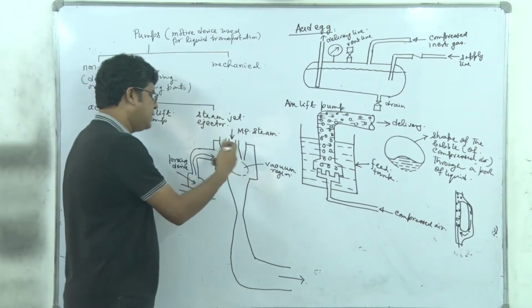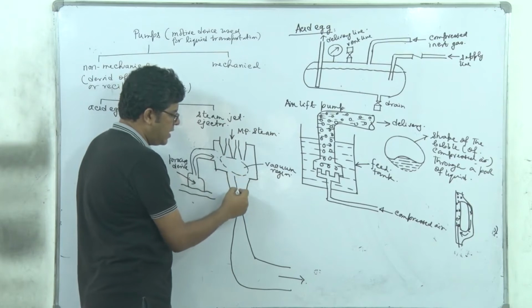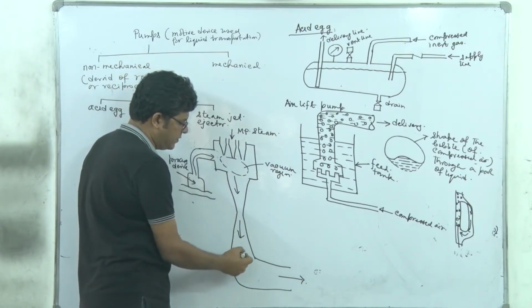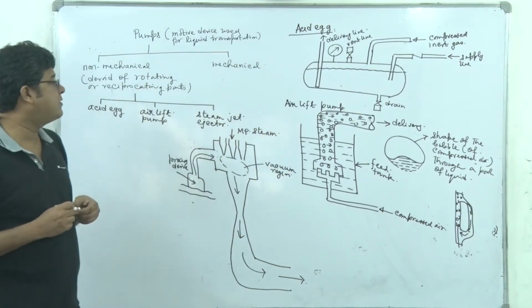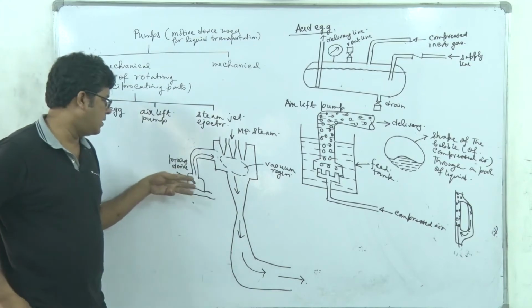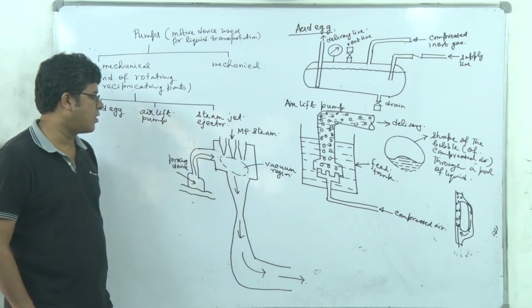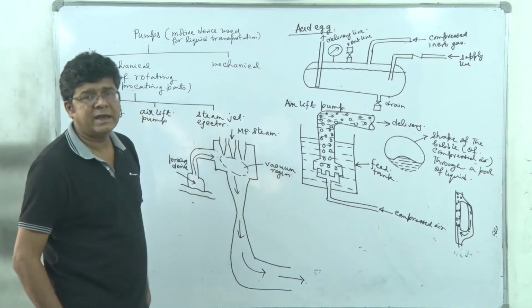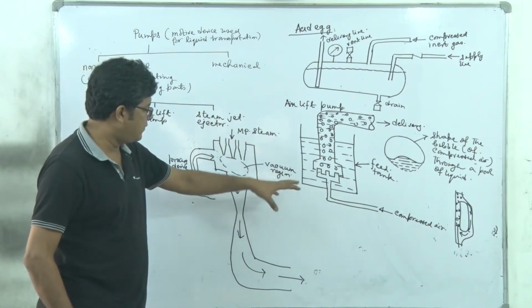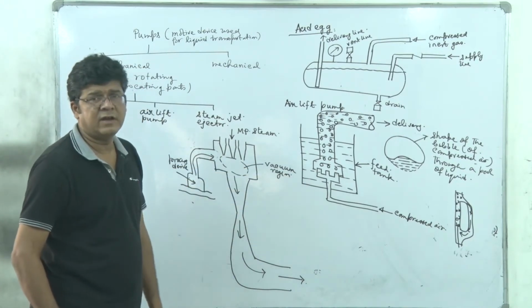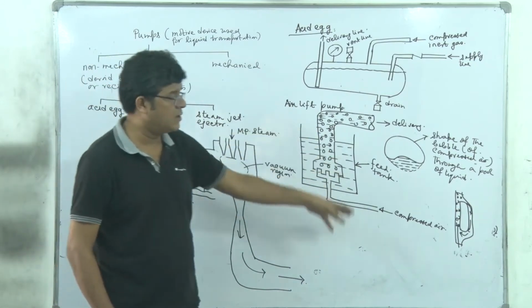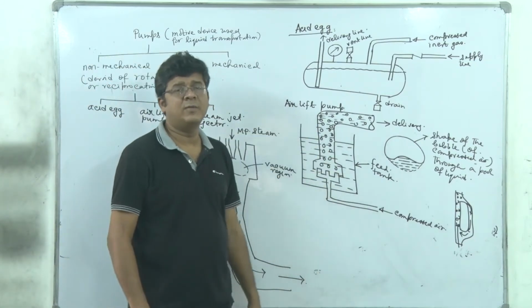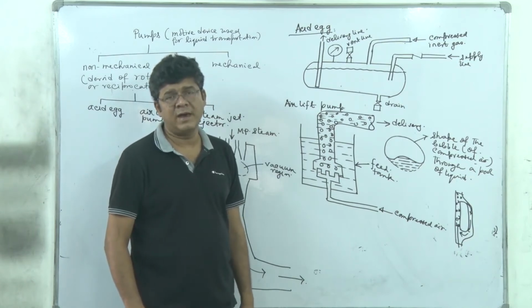So it will mix with this steam, and the mixing is further facilitated by this converging-diverging section, and it will flow to this condenser unit. And here, as we are using water as a component, instead of indirect contact heat exchangers or condensers, we can use a direct contact condenser, and finally the condensate goes to something called the barometric well.